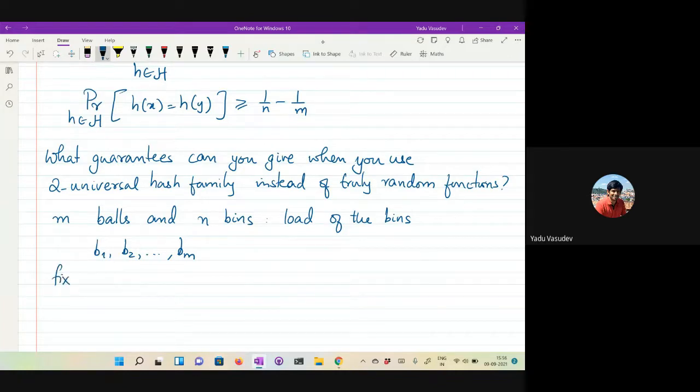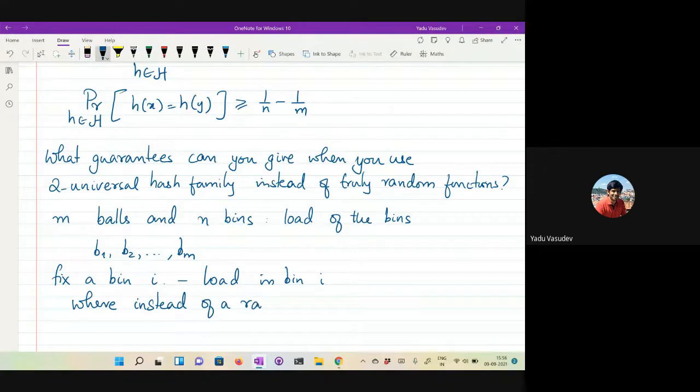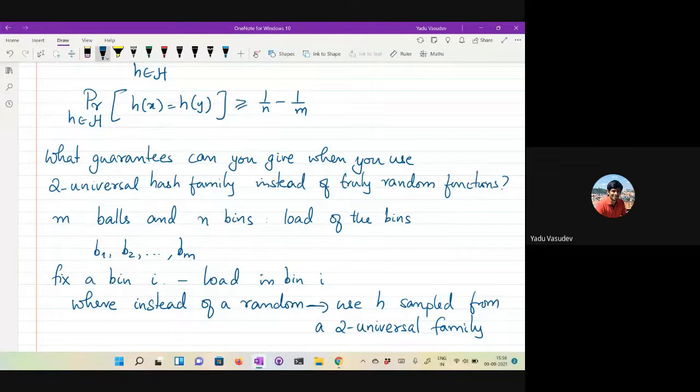Fix a bin i, and you're interested in the load in bin i, where instead of a random function, you're going to use an h sampled from a 2 universal family. What can you say about the load?